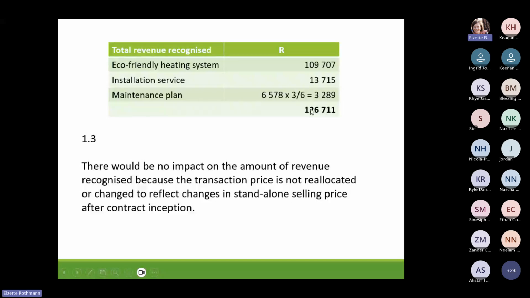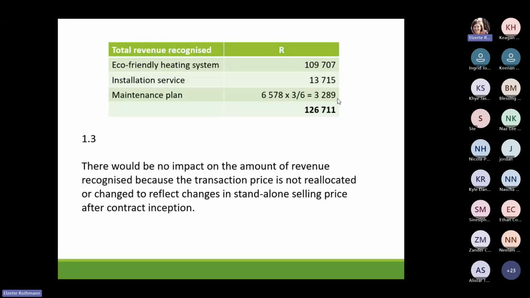And then if you take the 126,711 from 2024 and you add 3,289 from 2025, then you will get to 130,000. So it's not that we are missing out on anything. We've received 130,000.